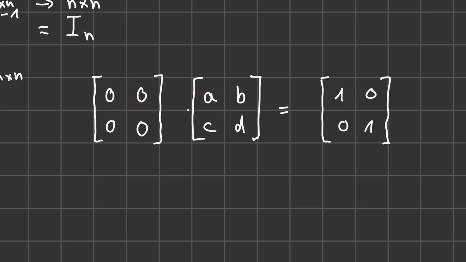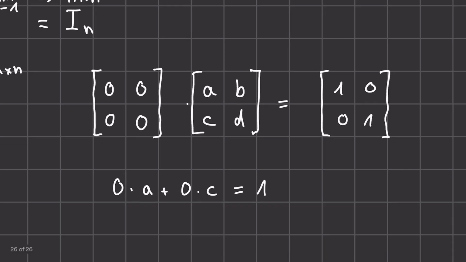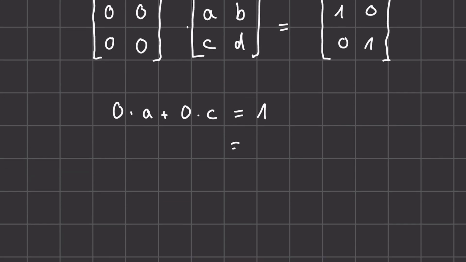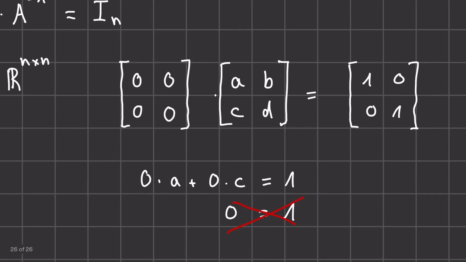But this would mean that 0 times A plus 0 times C is equal to 1. But we know that these zeros cause the left-hand side to become 0 and the right-hand side stays 1. And then we get this contradiction. So we do not have an inverse for this matrix here. And there are many matrices which do not have inverses.